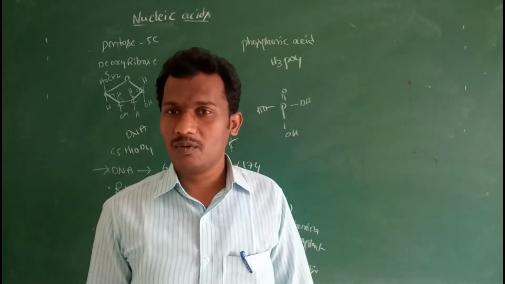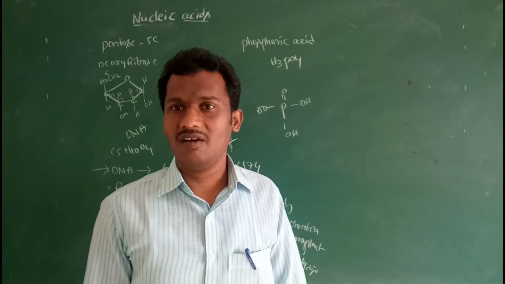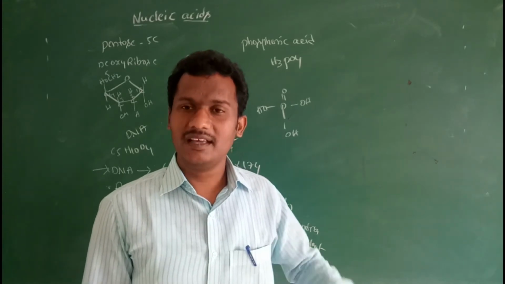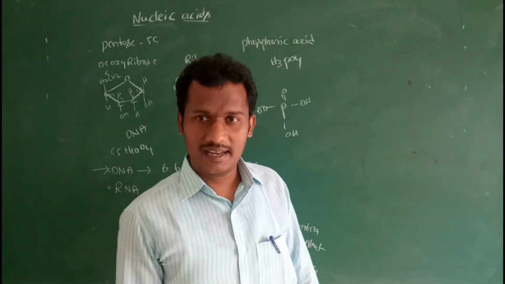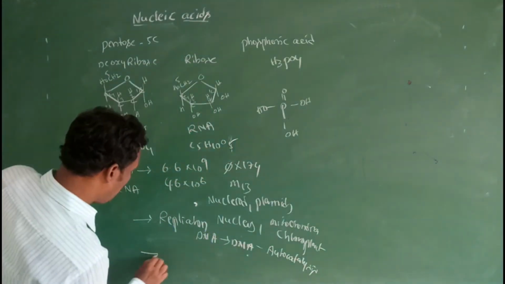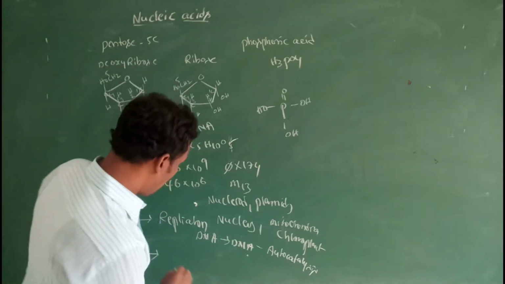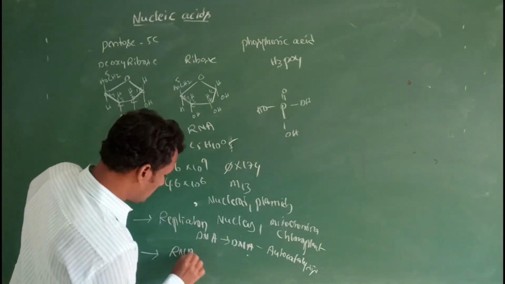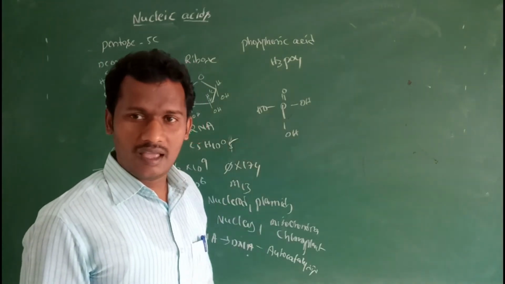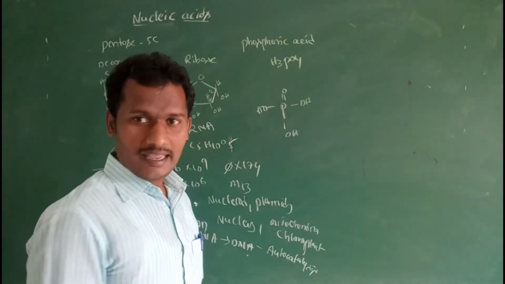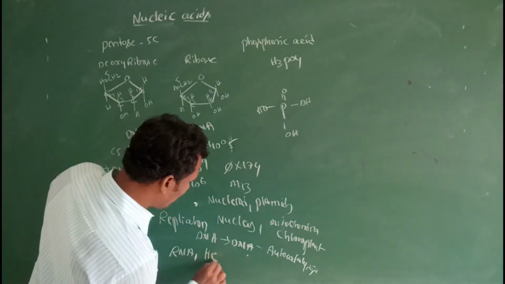So DNA has the property of replication, an autocatalytic nature. By replication, DNA forms duplicated daughter DNAs. DNA also gives rise to RNA, then proteins, enzymes and other biochemicals other than DNA. This is known as heterocatalysis.